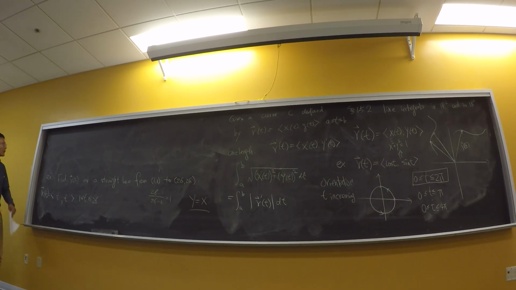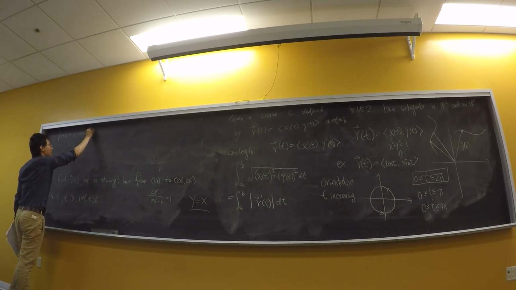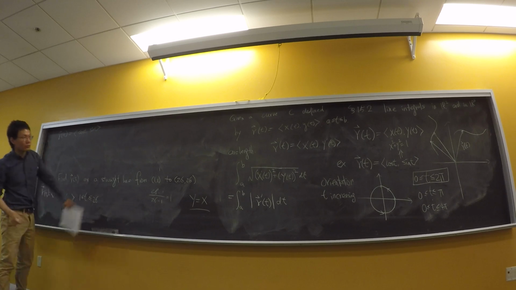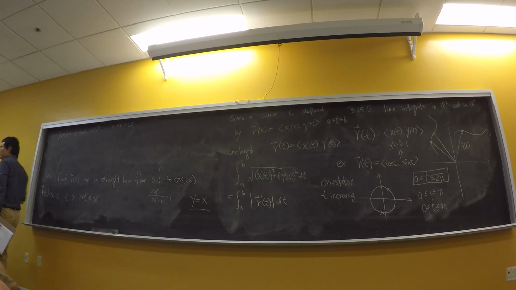We can also compute the arc length of a circle. So the arc length of a circle is exactly taking the line integral of this function, cosine t, sine t. I want to include the whole circle, so t is going from 0 to 2 pi. So this is one immediate application of the arc length computation.